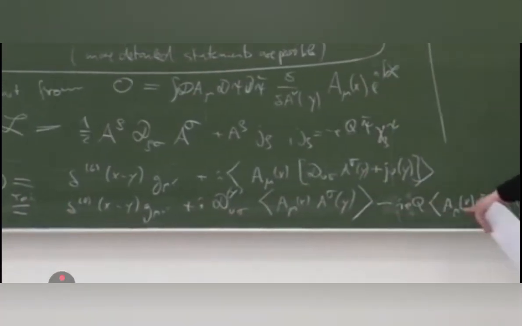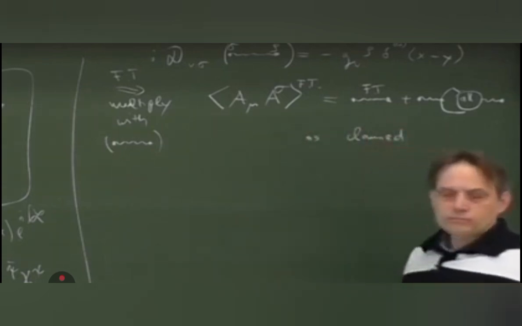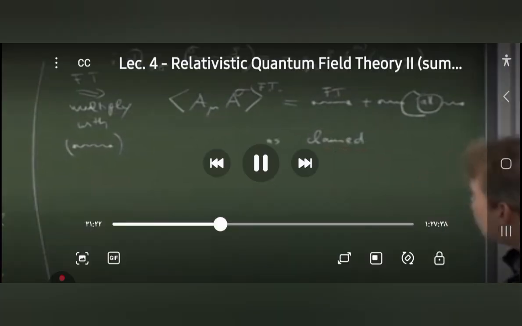Then plus that, which is, as we already said, this Green function without the photon propagator, and now we multiply it with the photon propagator, so now it's this thing including the photon propagator. And then we have it as claimed. So that is the derivation.